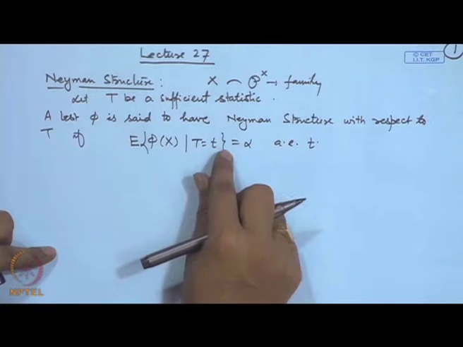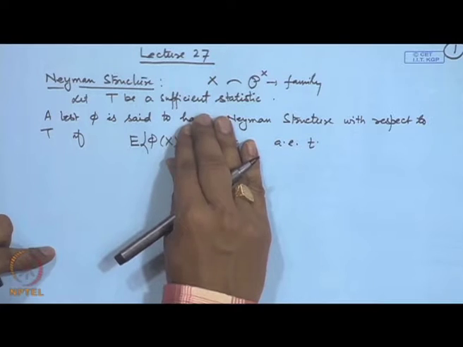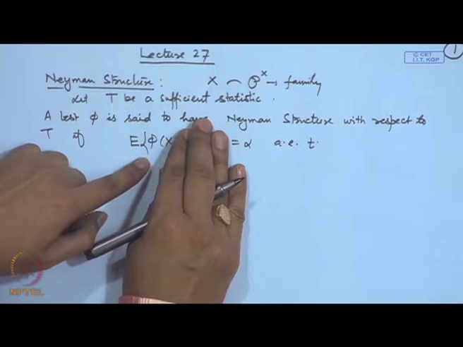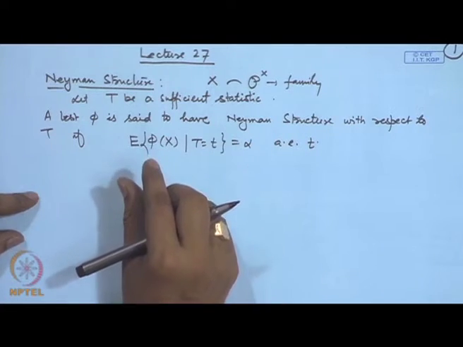Now, what does this condition represent? If I consider simply the expectation of phi(X), then this is nothing but the power function: for theta in the null hypothesis parameter set, it denotes the probability of type 1 error, and for theta belonging to the alternative hypothesis set, it represents the power of the test.